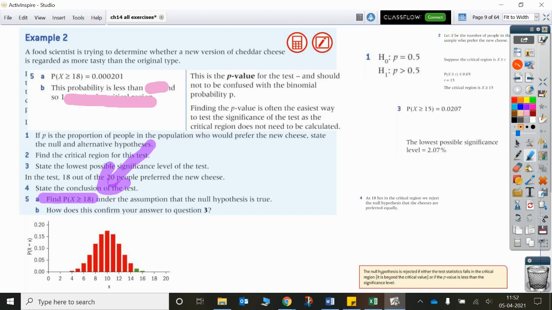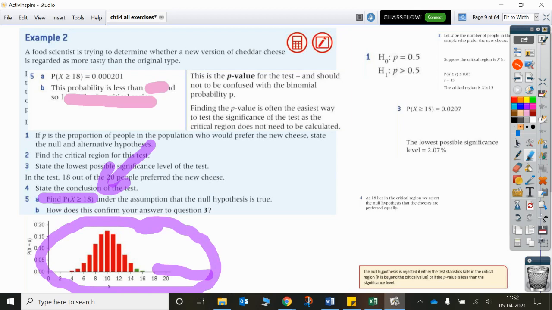It's the probability of actually getting 18 or above if the reality is that the null hypothesis, the original distribution, is true. So it's extremely unlikely that if the original or null hypothesis is true, we are getting an answer of 18 or more people preferring this new cheese.